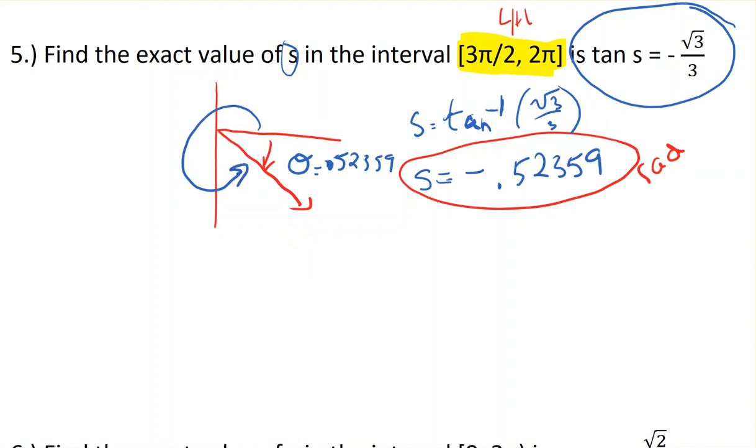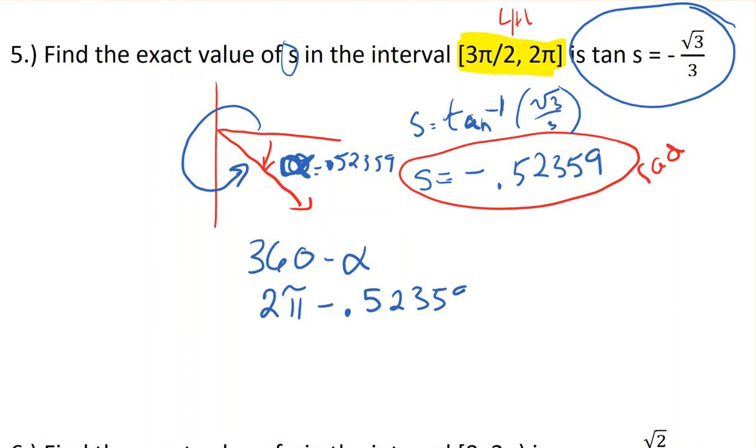So I want to know what the positive angle is going to be. And so being within the fourth quadrant, what we normally do is 360 minus the reference angle, right? Not the angle, minus the reference angle. But we're not using 360 anymore, we're using 2 pi. So we do 2 pi minus 0.52359 to get our final answer.